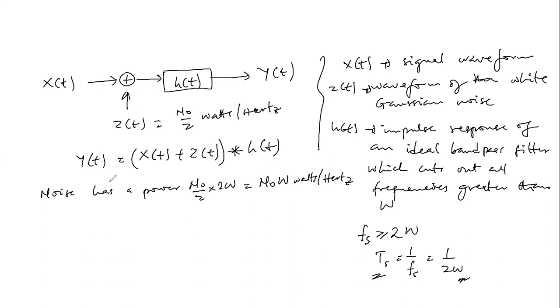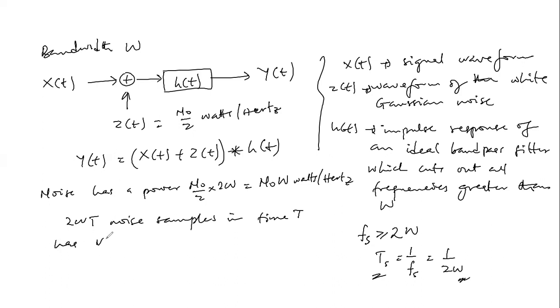Given the bandwidth W, okay? So each of the 2WT noise samples in time T has variance N naught WT divided by 2WT, which is equal to N naught over 2.